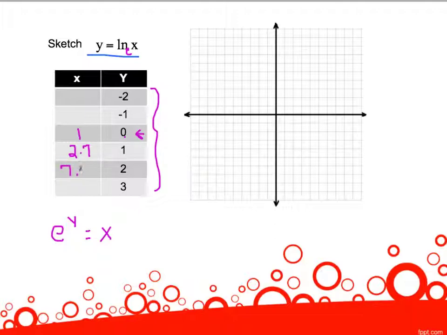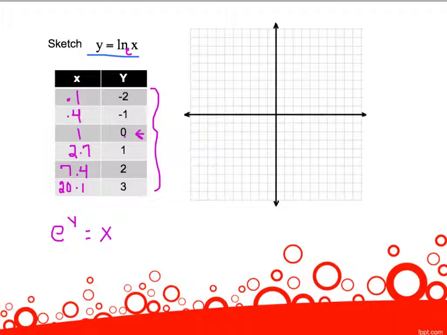We'll just round to the tenth. e cubed is 20.1. e to the negative 1 is 0.4, and e to the negative 2 is 0.1.